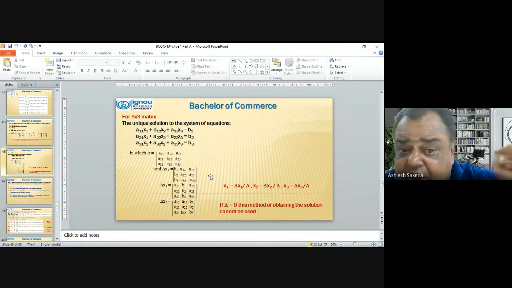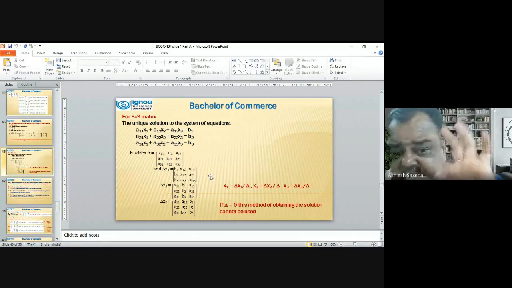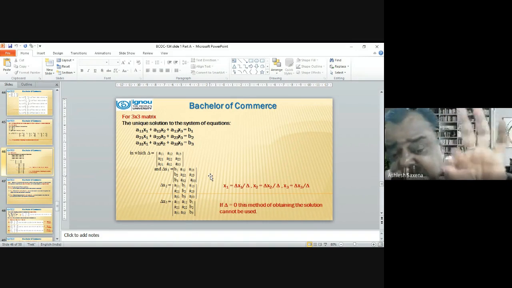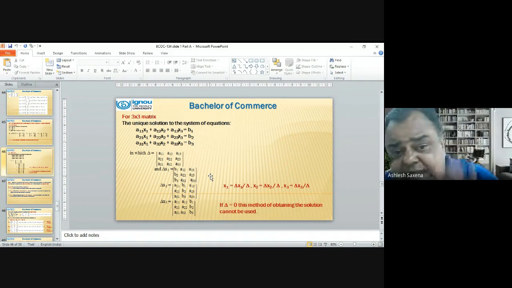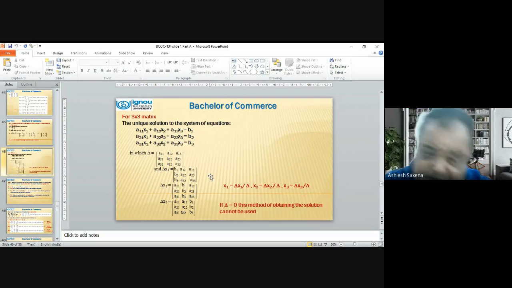Don't change the order. The way you are picking up the coefficients from the equation, in whatever way it is given in the problem, you have to pick that only. A11, A12, A13. Then comes A21, A22, A23. Then comes A31, A32, A33. Don't change the order.